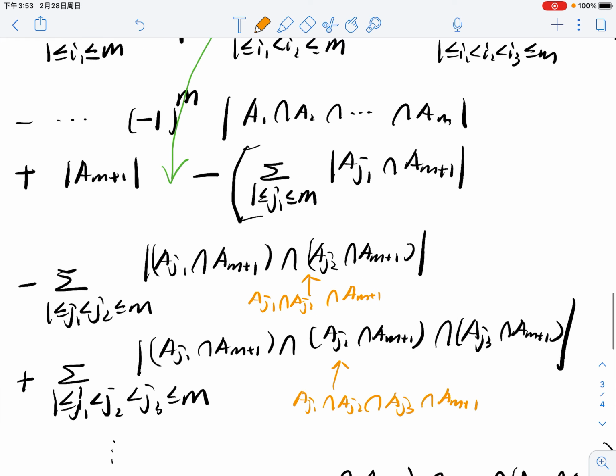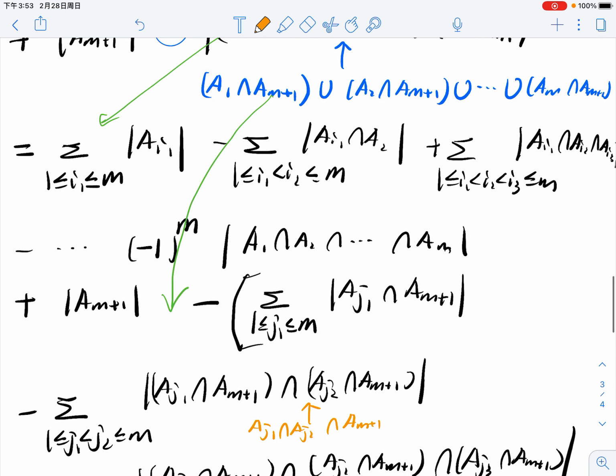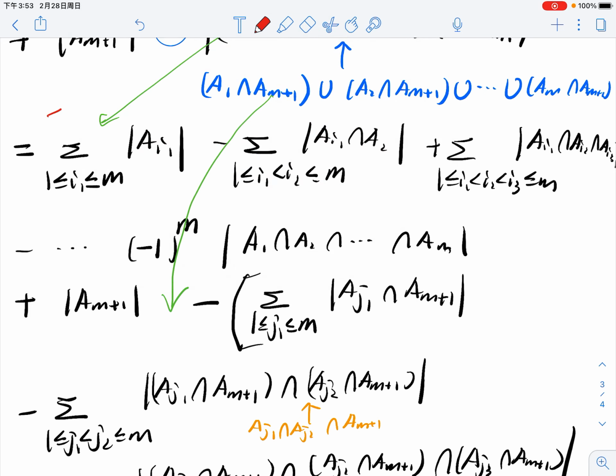And note that we can reorganize this summation in the following form. Note that the first few terms, starting from this one to this one, exhaust all the intersections, no matter how many you have, without AM plus 1.